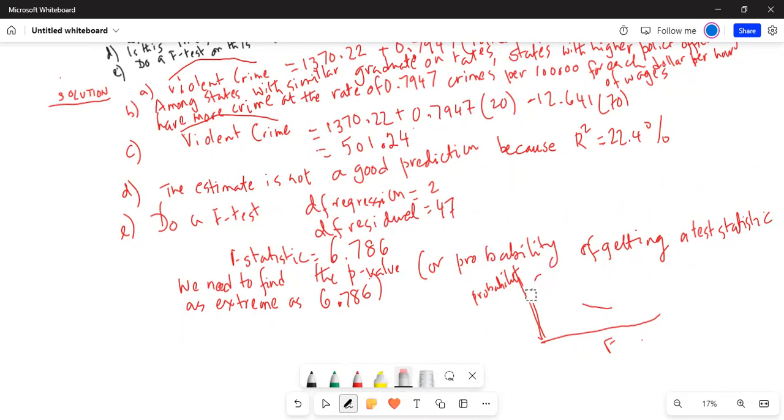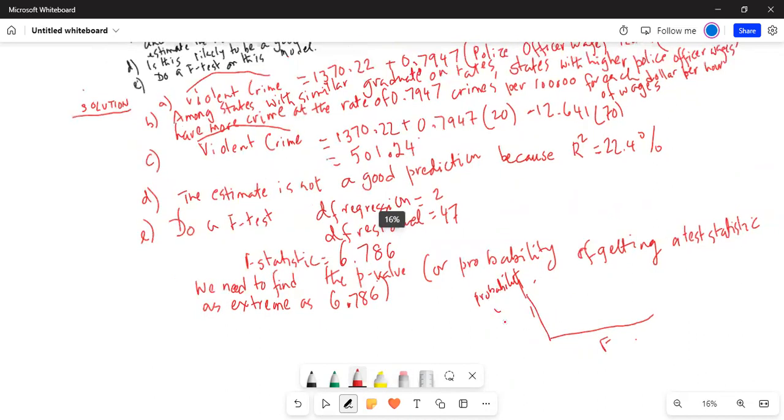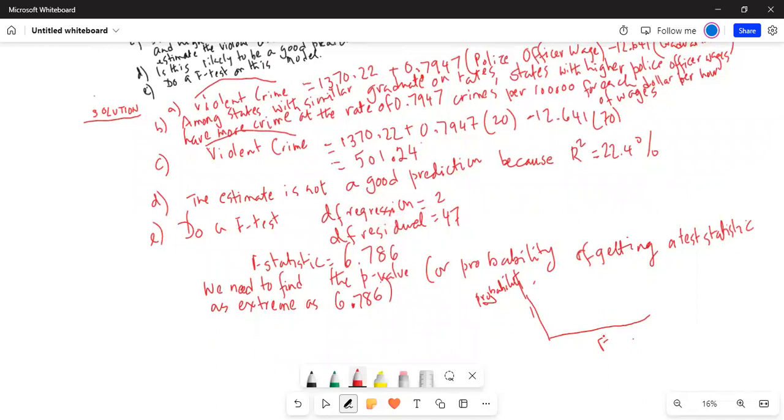Let me erase all of this and then draw the F curve nicely. Okay, so we have probability on the vertical axis, like I said, and F on the horizontal axis, and the F curve looks like this.